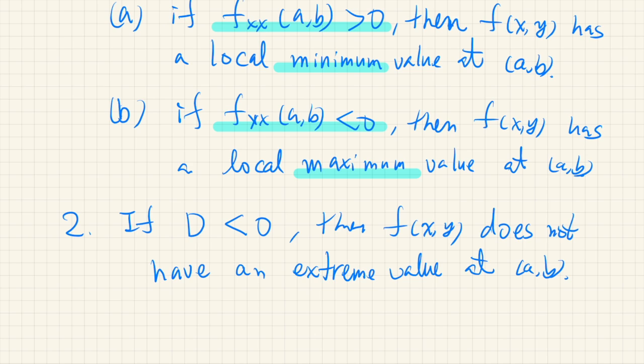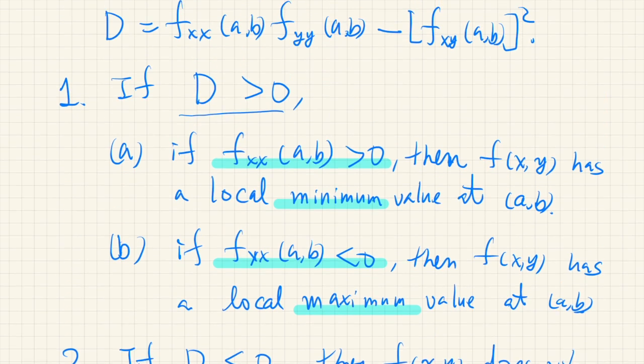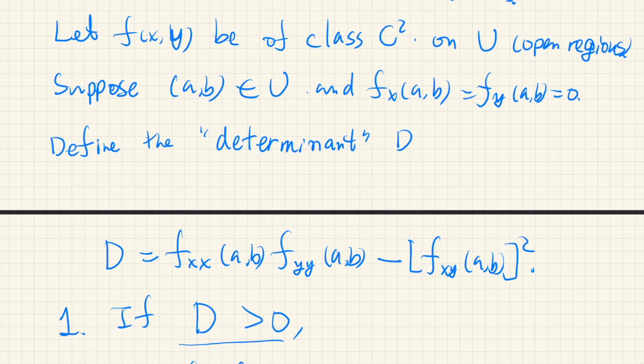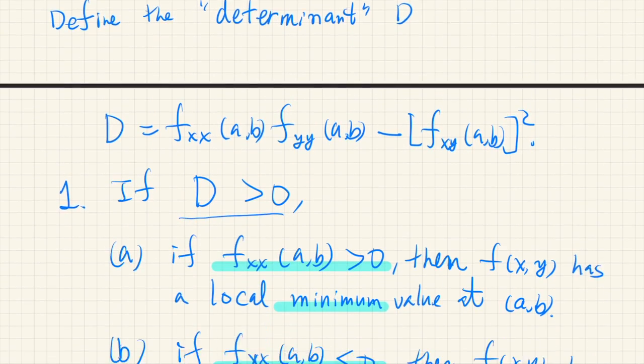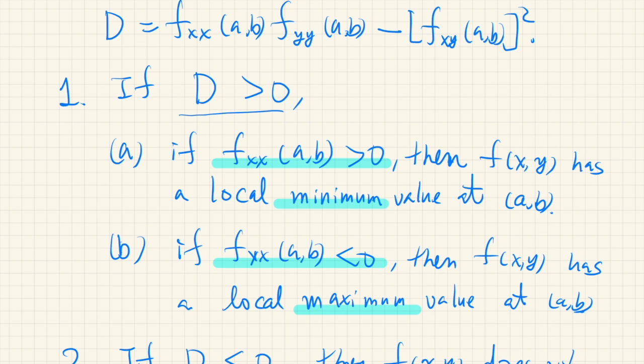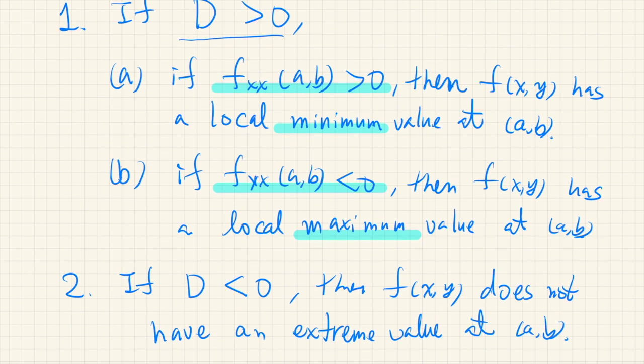Now you should compare this with univariate functions. In the case of univariate functions, if we have first derivative equal to 0 and the second derivative positive at some point, then the function has a local minimum value at that point. And if the second derivative is negative, in addition to the first derivative equal to 0, then the function has a local maximum at that point, right?